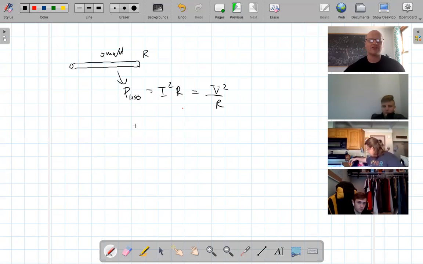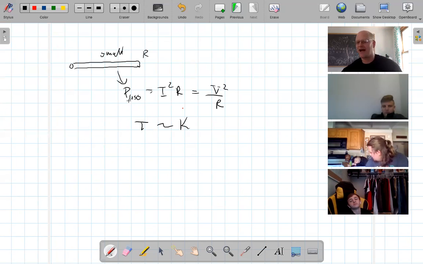It's going to lose a lot of energy because, remember, as the temperature increases, we have a kinetic energy increase. As the electrons are slamming into the atoms, those atoms are going to vibrate faster and faster and gain more and more kinetic energy, which means the temperature is going to go up. As the temperature goes up, more power is lost, which means that these wires are going to get very hot.